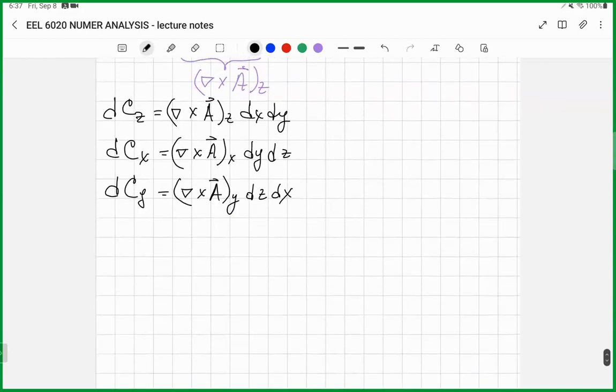And of course, the total circulation for an arbitrarily oriented path in this space is given by the sum of all these three components.